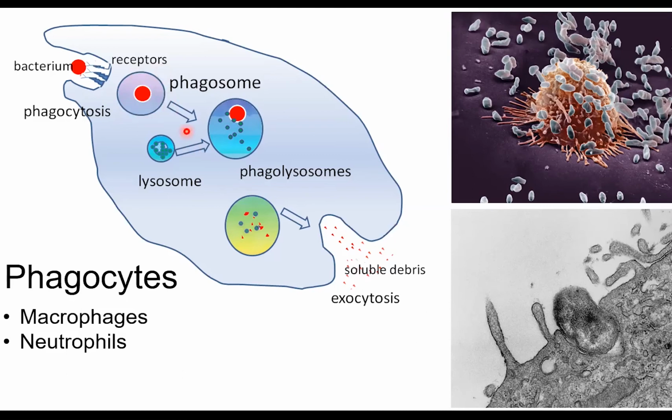Following that, a lysosome, which is an organelle that contains digestive enzymes, fuses with the phagosome, forming the phagolysosome. Then the digestive enzymes that are introduced to the phagolysosome digest the bacteria. And then via exocytosis, the debris is released from the cell.